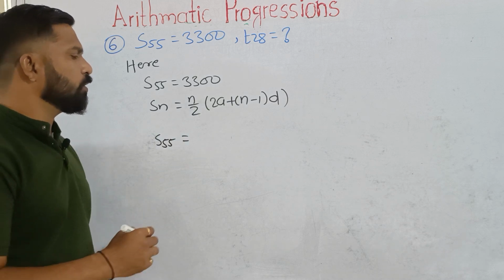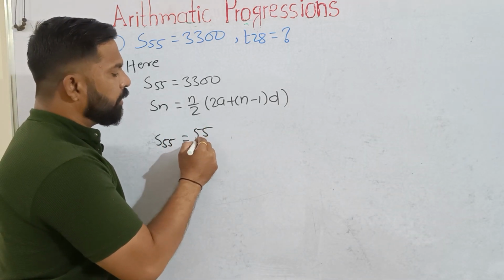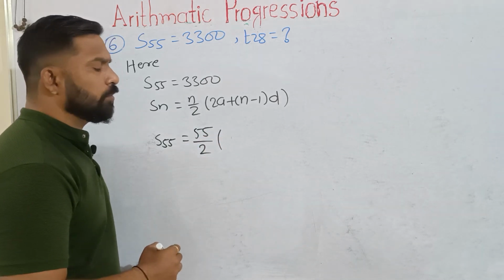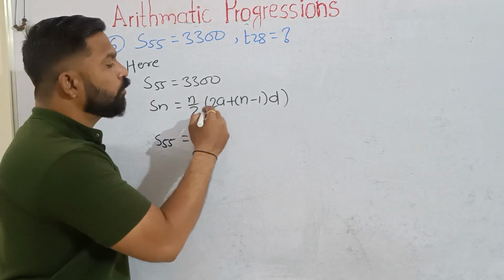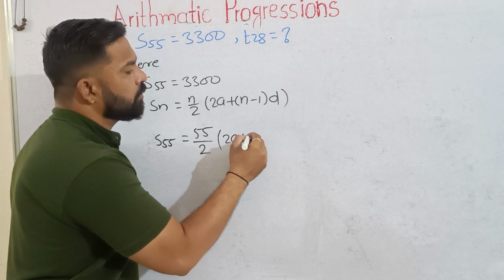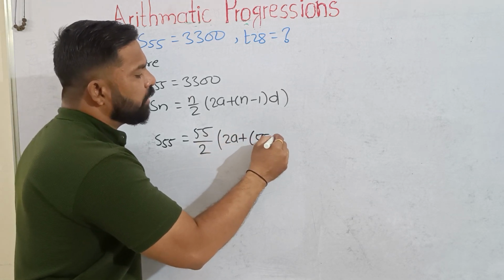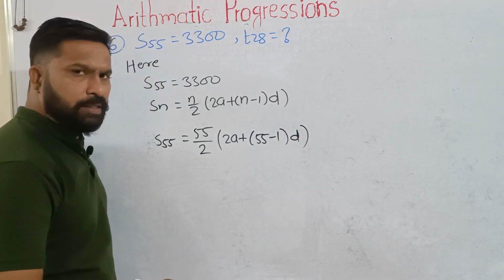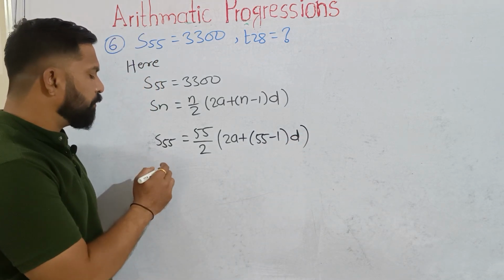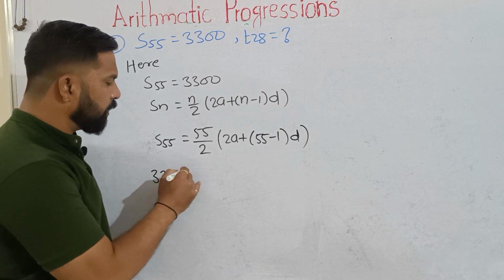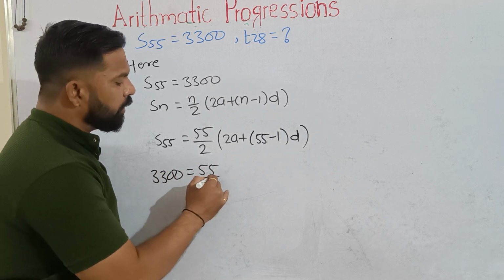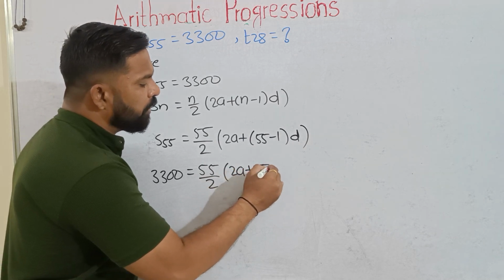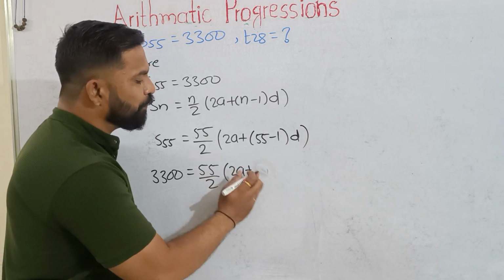S55 is equal to 55 by 2 into, now what do I have to do? 2a as it is plus 55 minus 1 into d. Is it hard? No. What is the sum of 55 terms? 3300. 55 by 2 into the bracket 2a plus 55 minus 1. Let me write 54d.